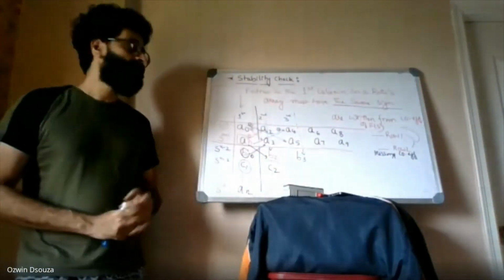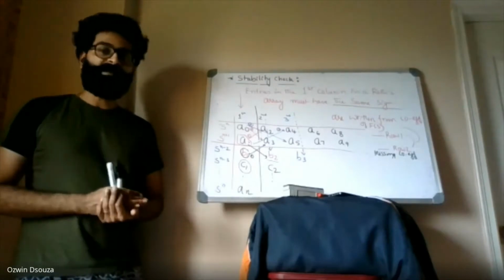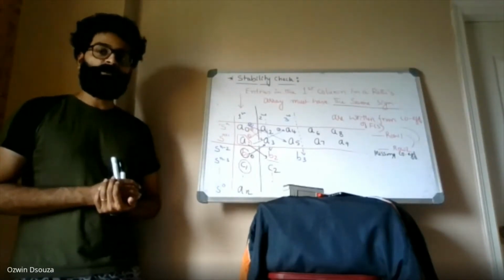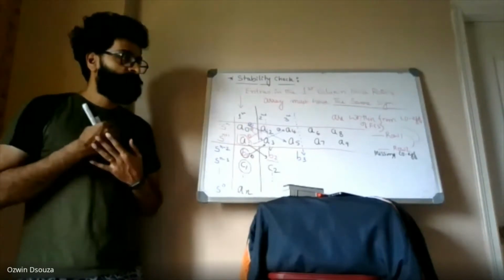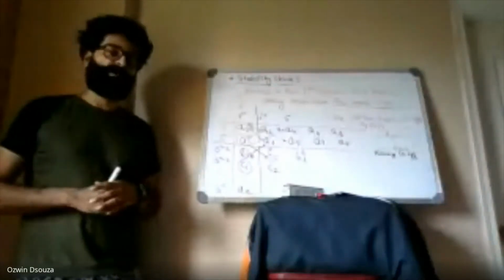Okay, let me repeat. Routh-Hurwitz criteria, apart from the stability answer, also tells you how many roots are located on the RHS of the S plane. So the second information it also gives.